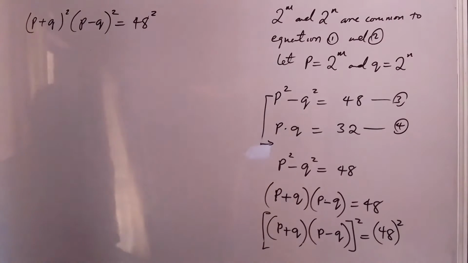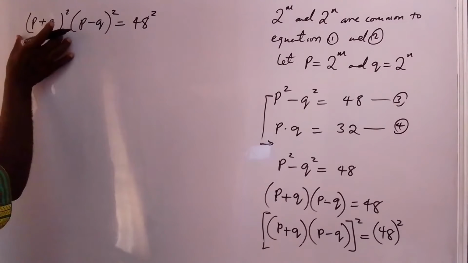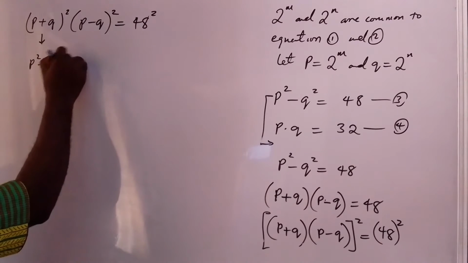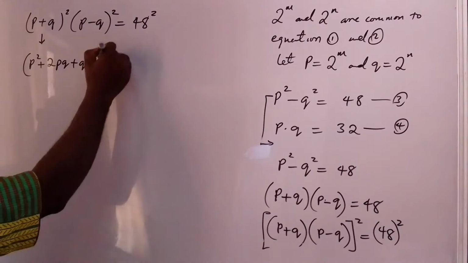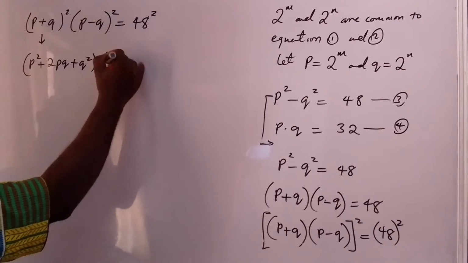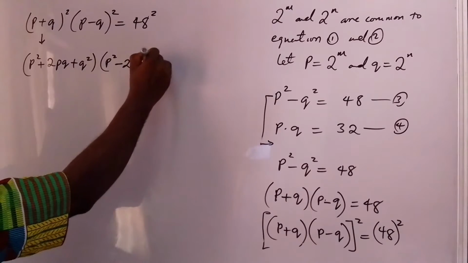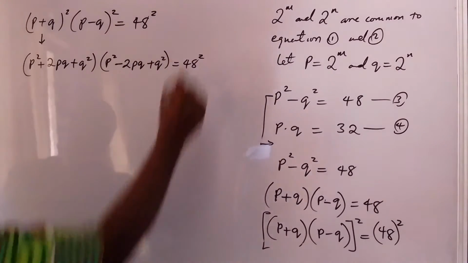Now, on expansion of this, if I expand this, I will get P squared plus 2PQ plus Q squared. And the same way, if I expand this, I'm going to get P squared minus 2PQ plus Q squared equal to 48 squared.